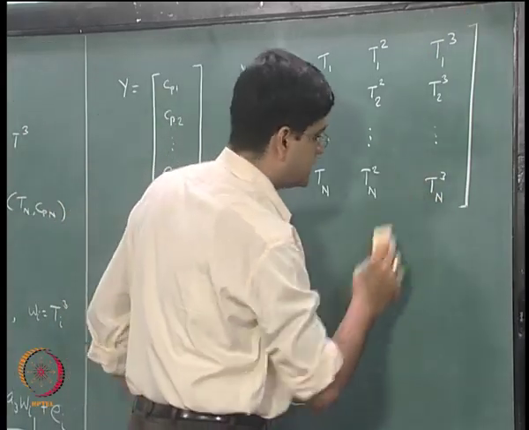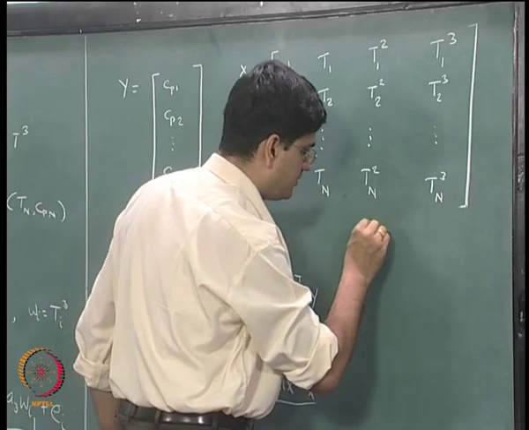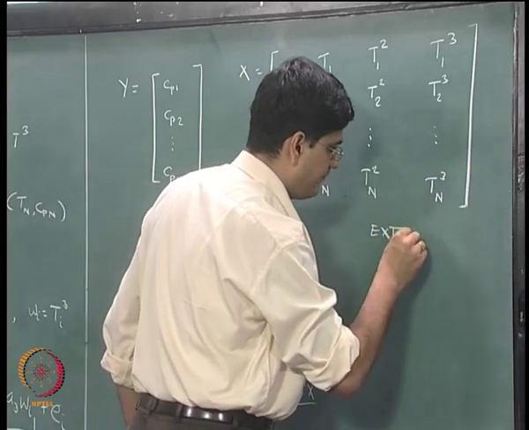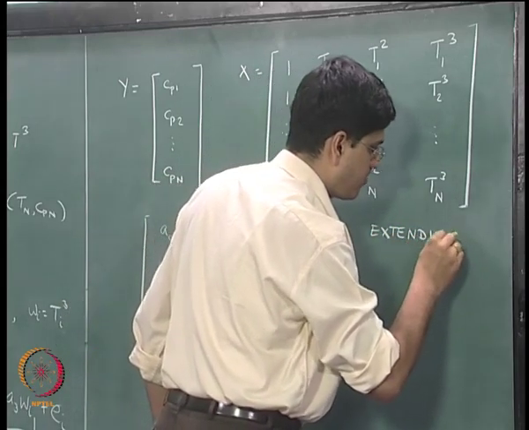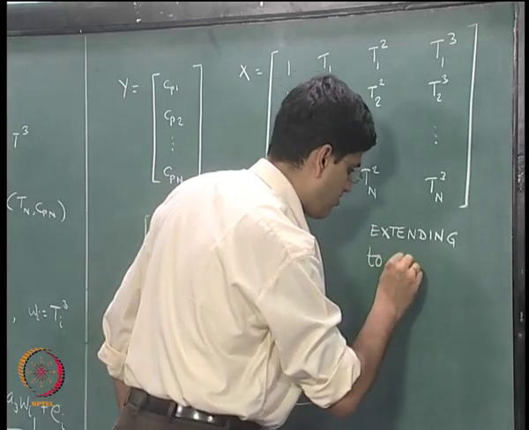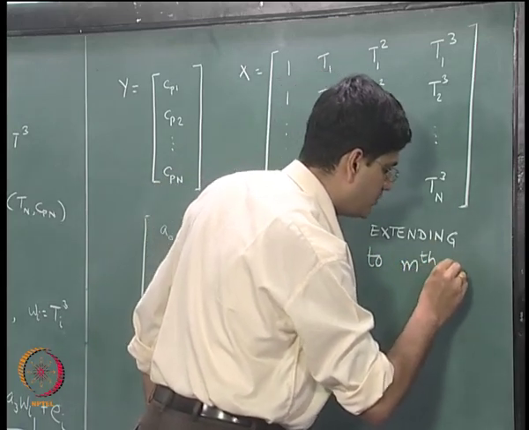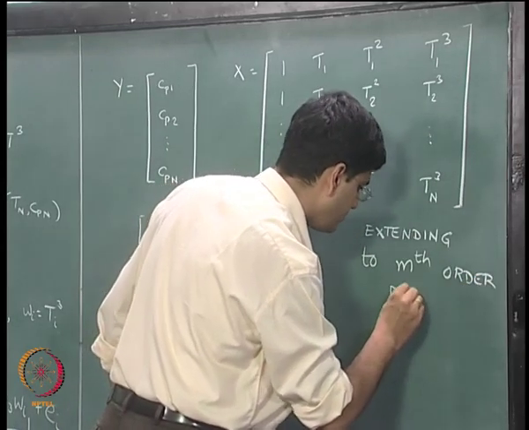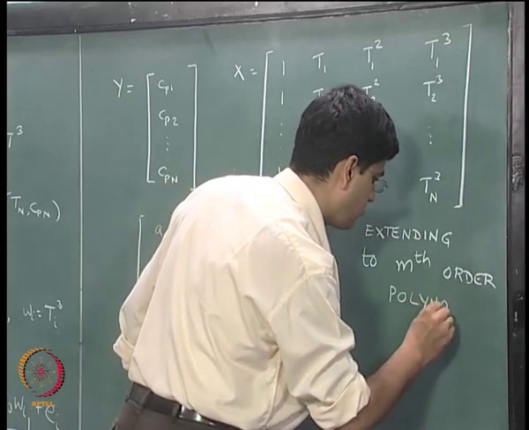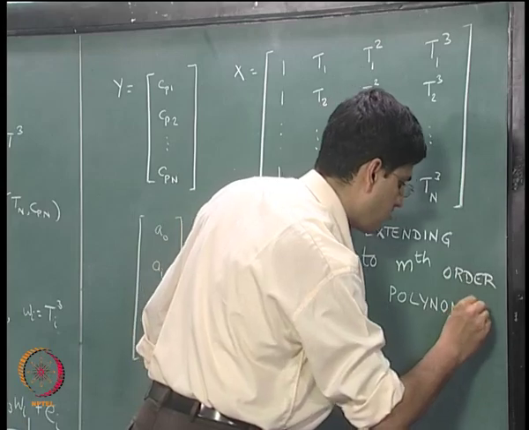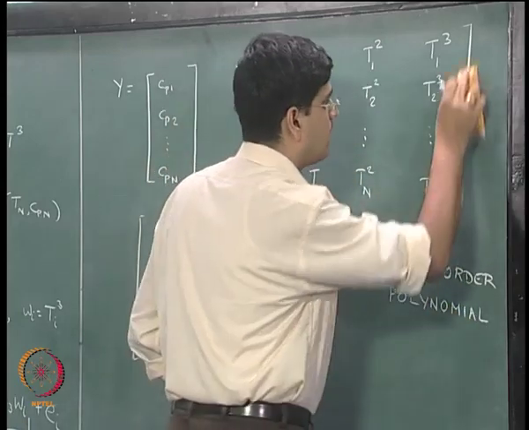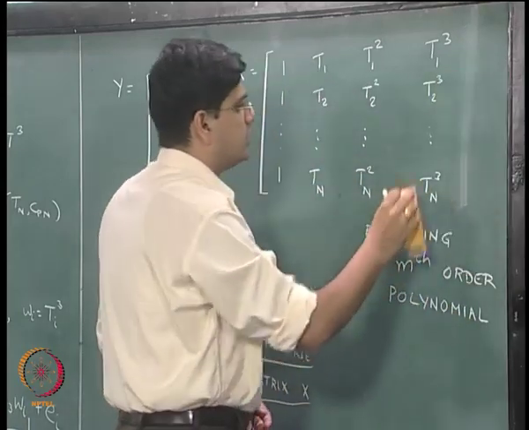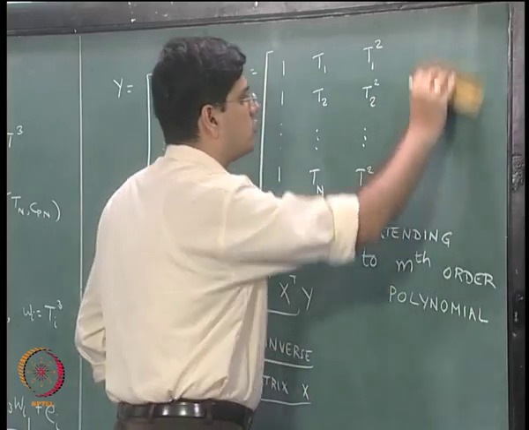So extending it to mth order polynomial, I will erase this particular column also.